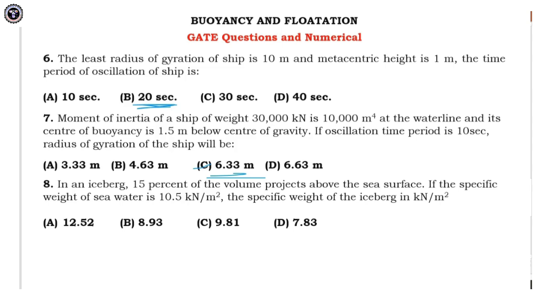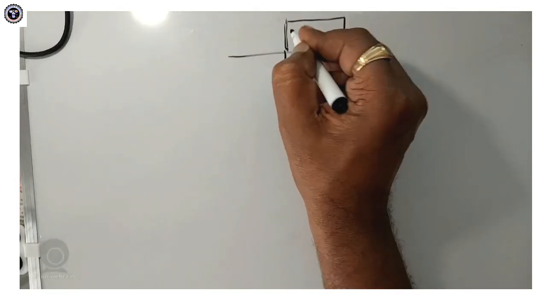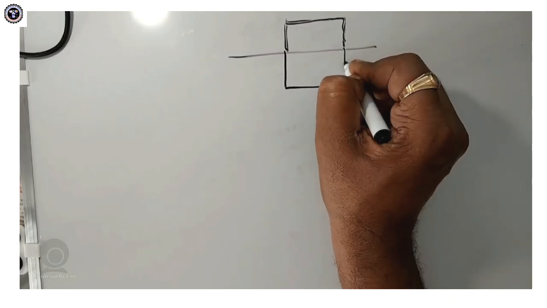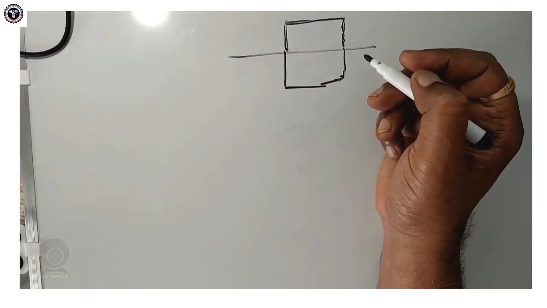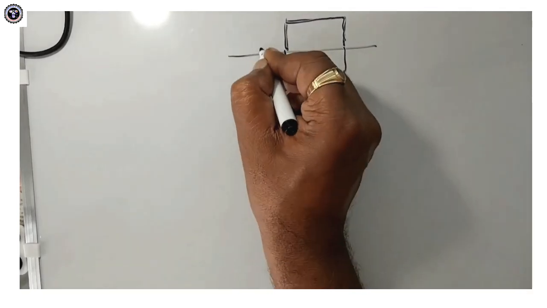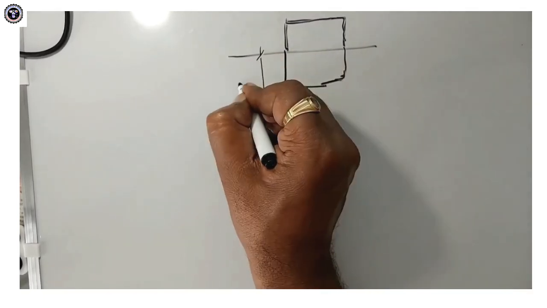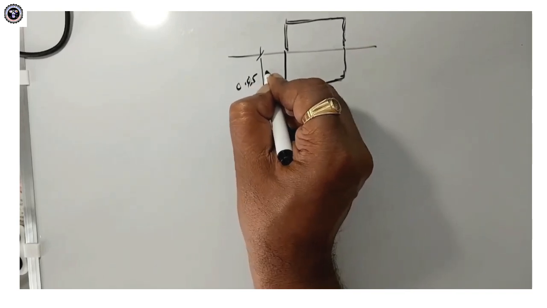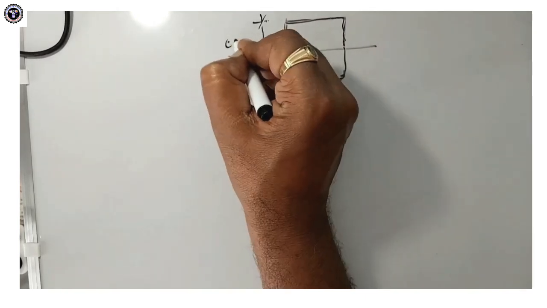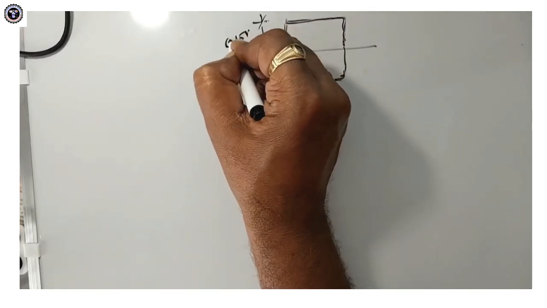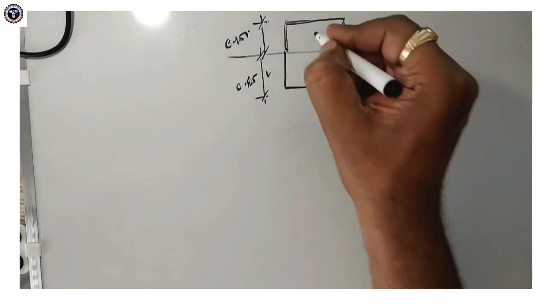First of all, let us draw the diagram here. Some part of the iceberg is floating above the water surface and some part is below the water surface. So this portion is 0.85 V and this is 0.15 V. This is the ice block.